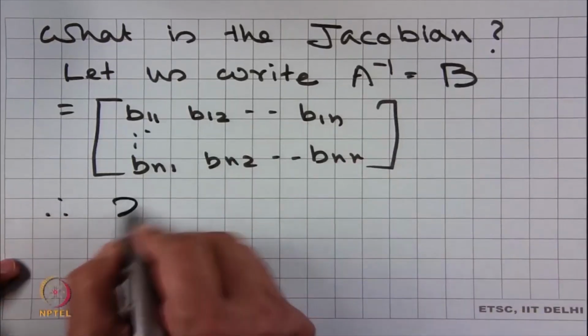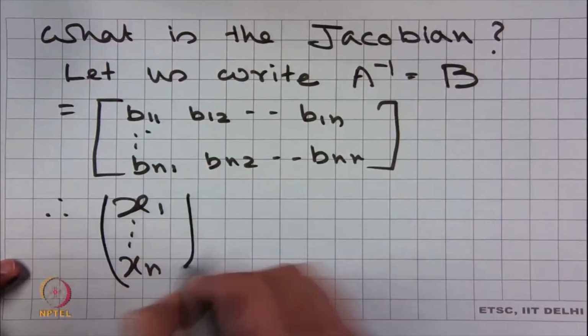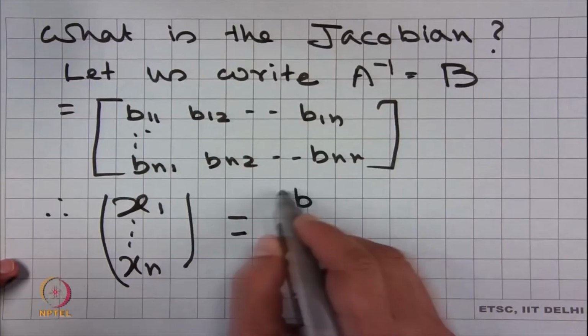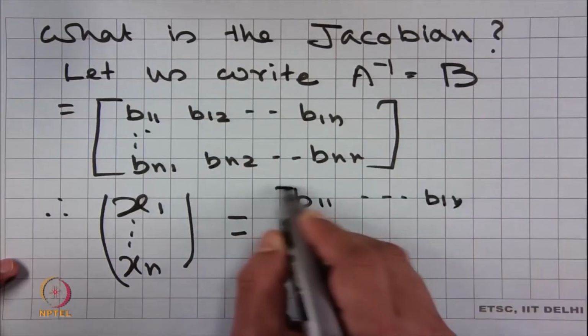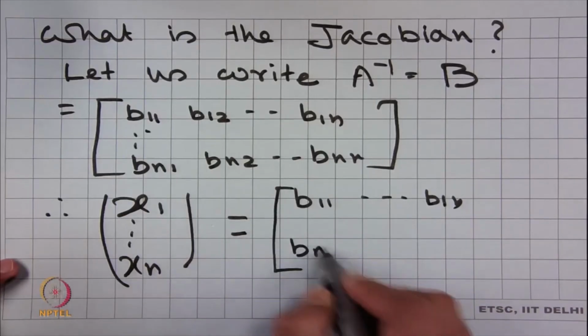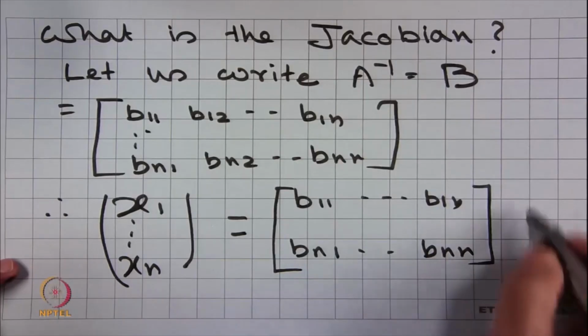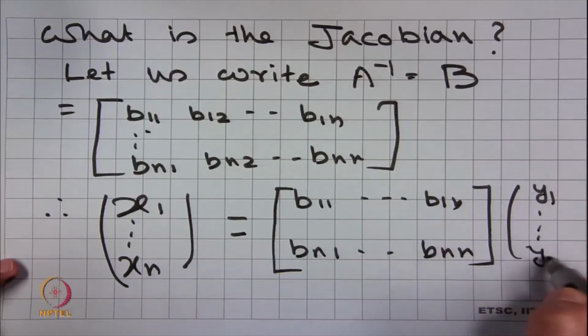Therefore, x1, x2 up to xn is equal to B11 up to B1n, Bn1 up to Bnn times y1, y2, yn.